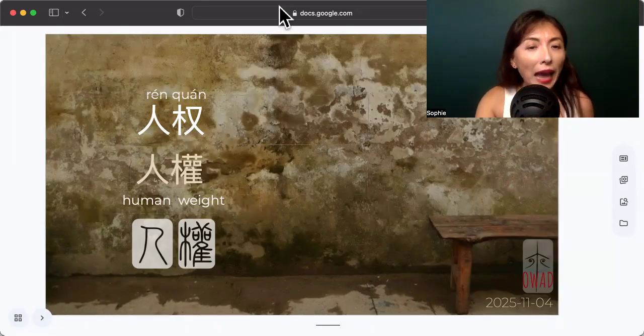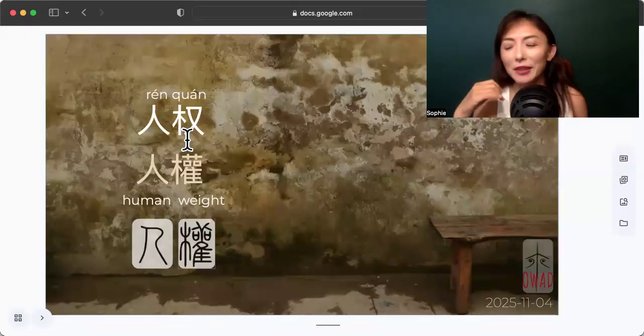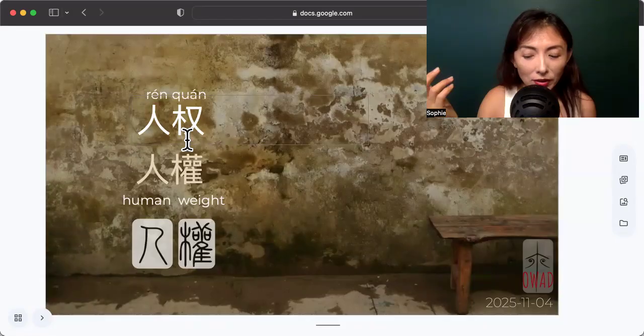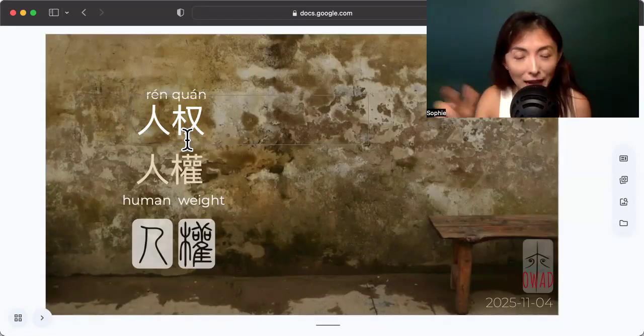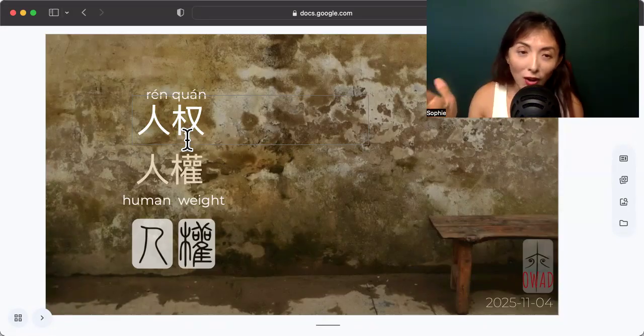So we have talked about each of these characters before in this year's episodes, and these are core Chinese concepts. But it is Japanese scholars who put these two together to reflect the Western concept of human rights.